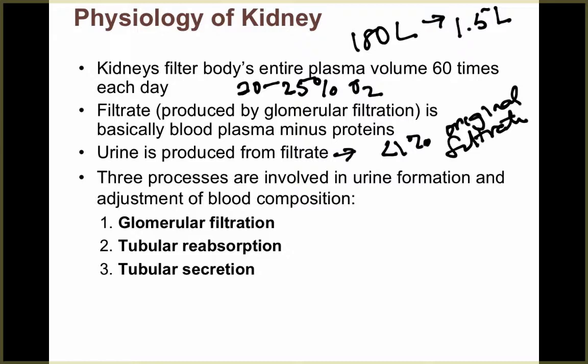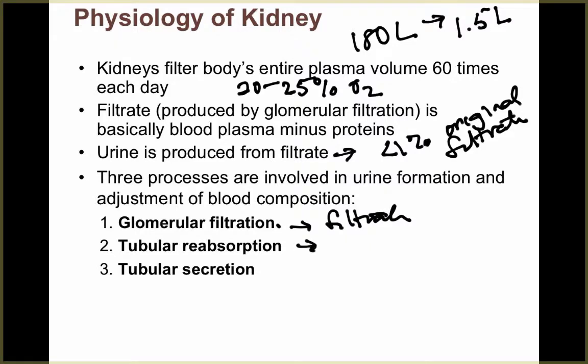Now, there are three processes involved, and that's glomerular filtration. This is where we produce a cell- and protein-free filtrate. Tubular reabsorption.